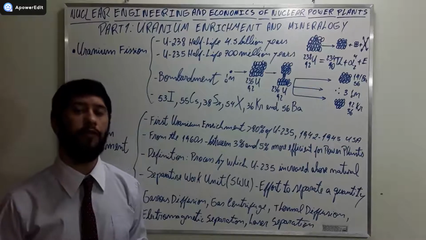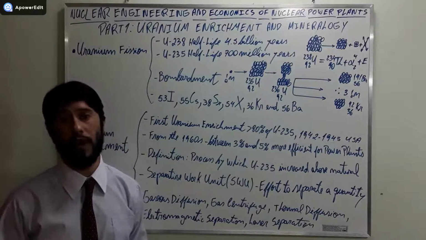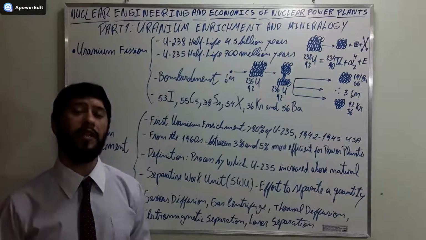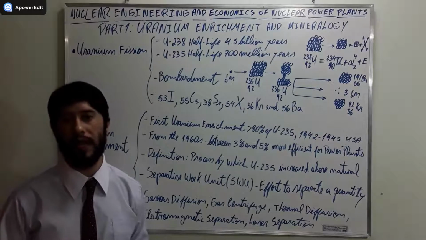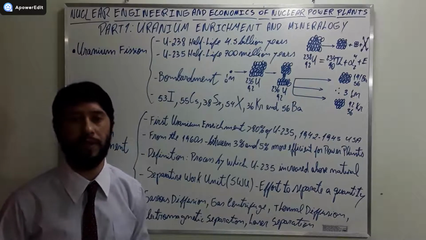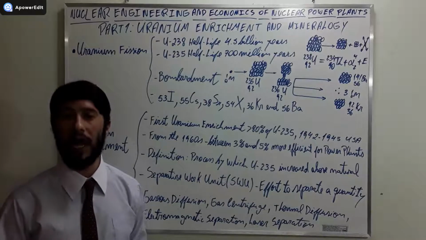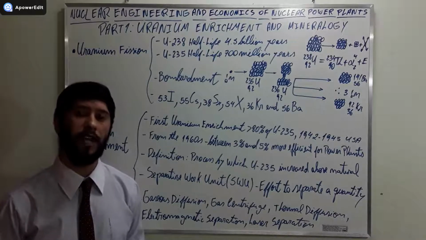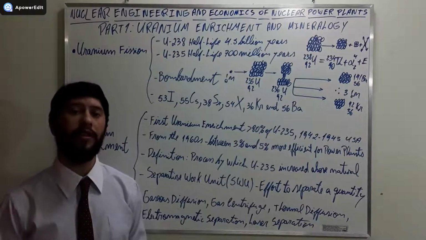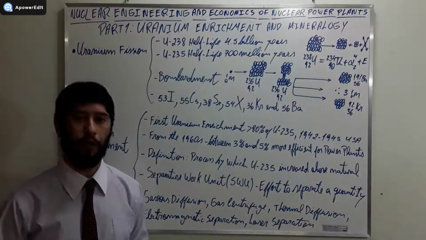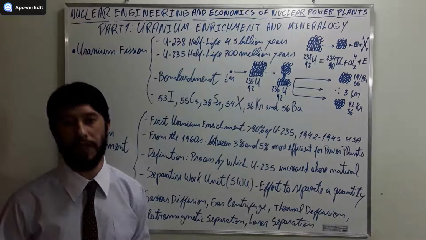It means that if you have a sample of 100% of uranium-238, to witness half of the sample decay into other elements, you're going to need to spend 4.5 billion years. Likewise, if you have a sample of uranium-235, to witness half of the sample decay into other elements, you're going to need to spend 700 million years.